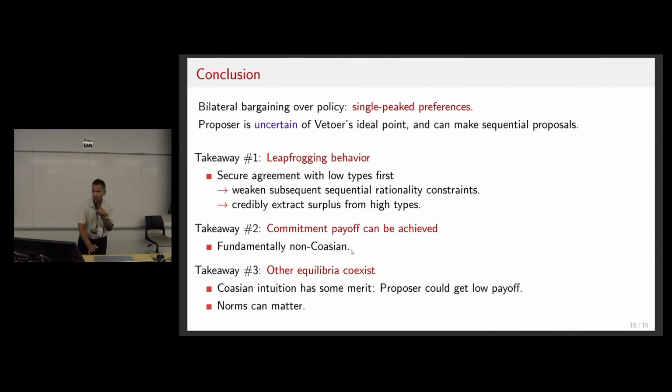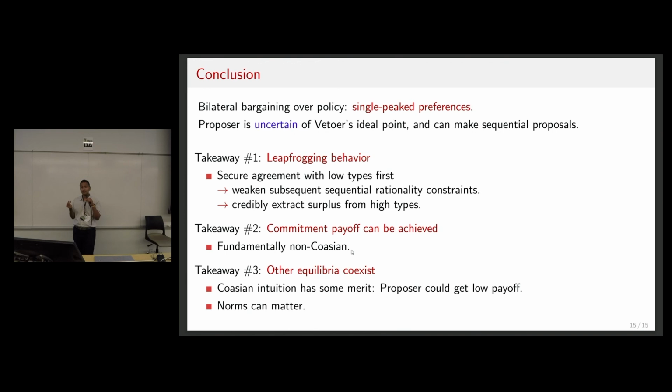OK, so let me wrap up. What this paper does is it looks at bilateral bargaining over policy, where we have single peaked preferences and the proposer is uncertain of the vetoer's ideal point. There are three takeaways, and I focused on two of these. The first is leapfrogging behavior, which does not arise under standard Coasian environments.